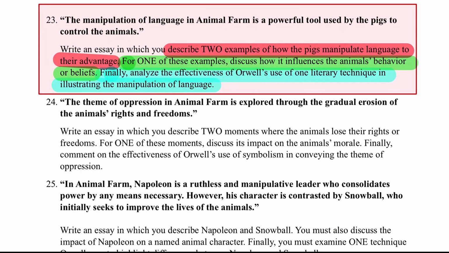And then the second example of how the pigs manipulate language to their advantage is the Seven Commandments. I only wrote down just the Seven Commandments, but if I remember, they changed the commandments so much that when the animals try to read them, they don't seem to recall, or they see how the pigs manipulated the commandments to fit them.